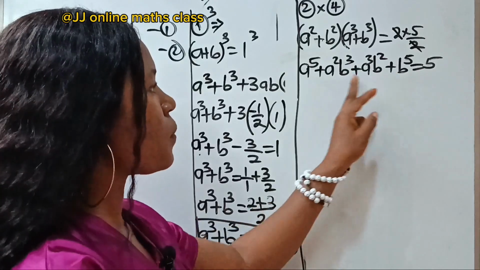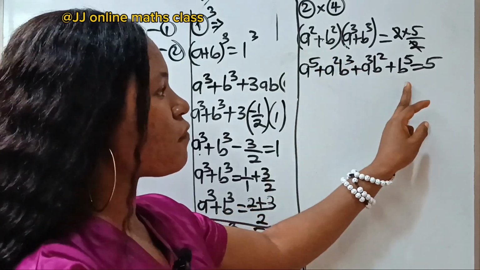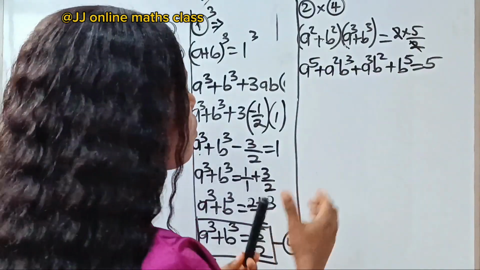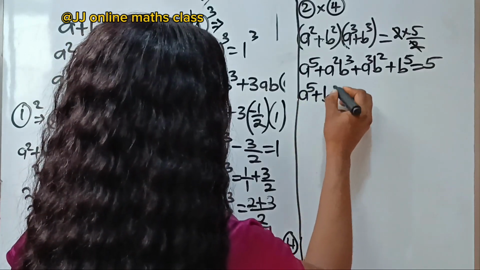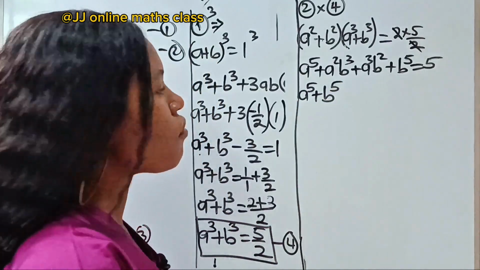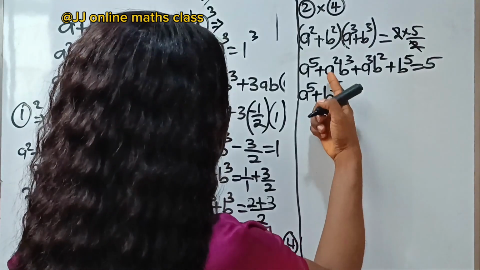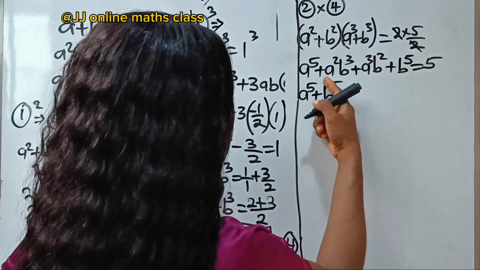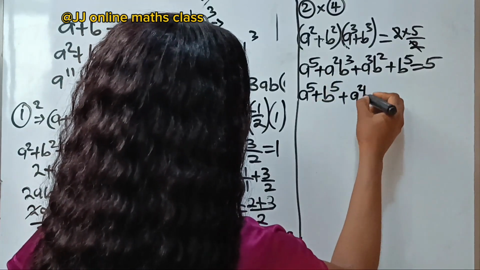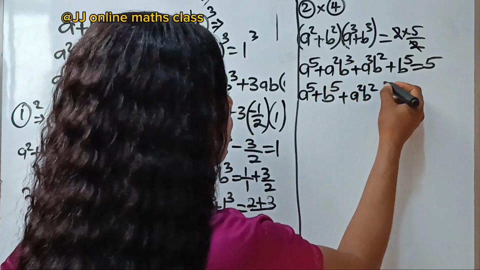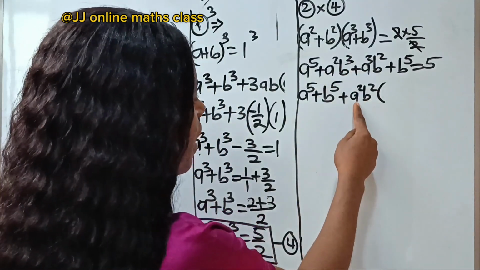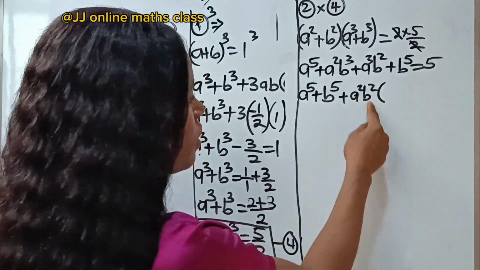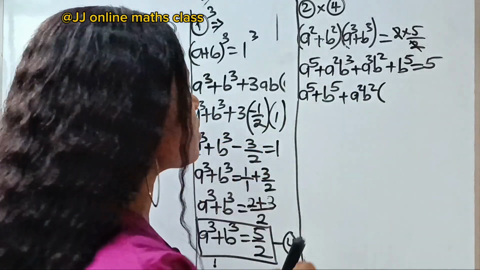Now, this is the main thing we are looking for: a to the power of 5 plus b to the power of 5, right? So let's bring them together. We have a to the power of 5 plus b to the power of 5 plus, now, what do they have in common? They have a squared b squared in common. Then when we open the bracket, a squared b to the power of 3 divided by a squared b squared, we'll be left with only one b, right?